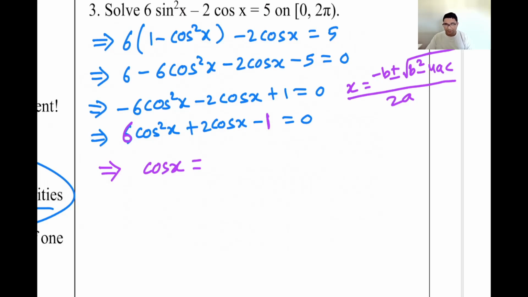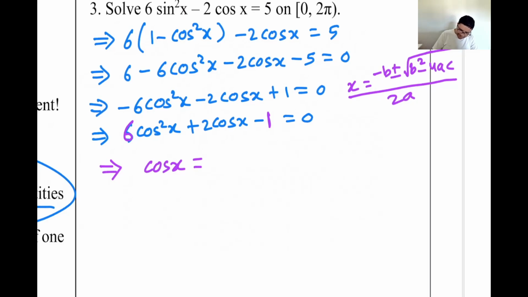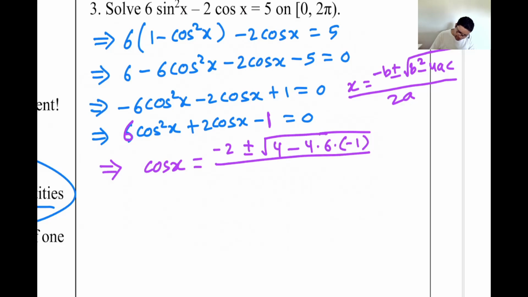Right? That's the formula. So using that here, minus 2 plus minus under root 2 square will be 4 minus 4ac, divided by 2a.